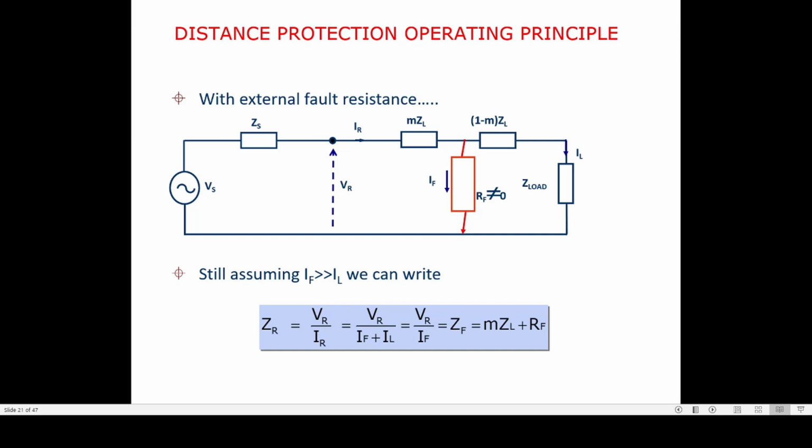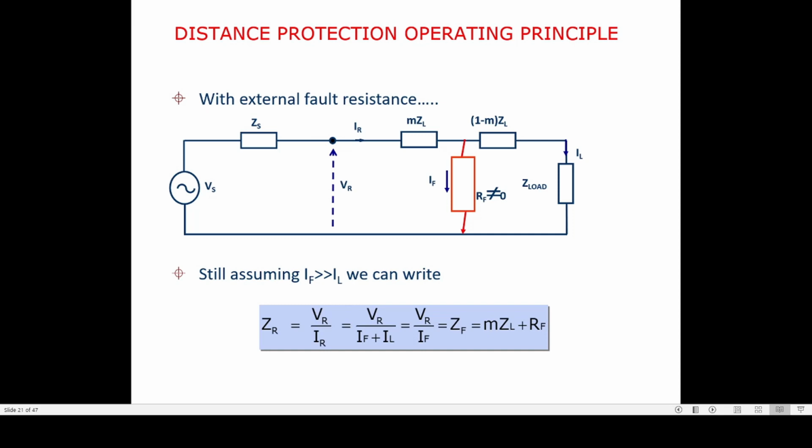Definitely we will cover those things: the effect of pre-fault power flow, the effects of power export and power import, what happens when the fault involves higher fault resistance with higher power export, and what happens when the fault arc resistance is low but the power export or import is higher.